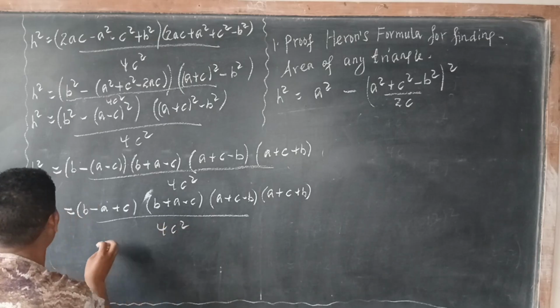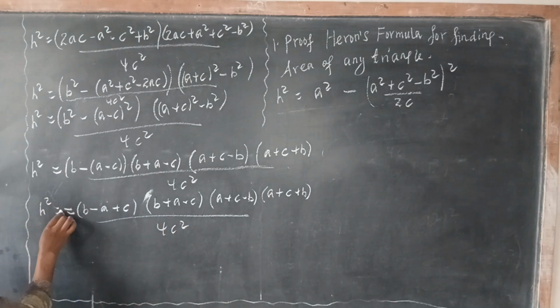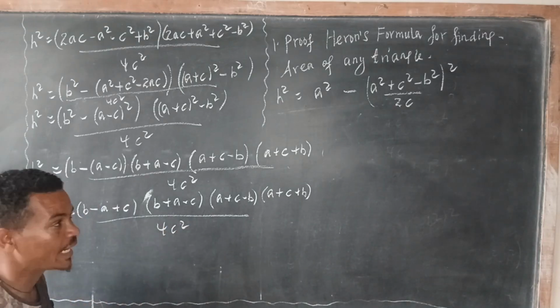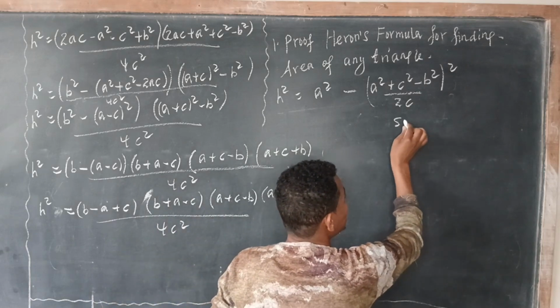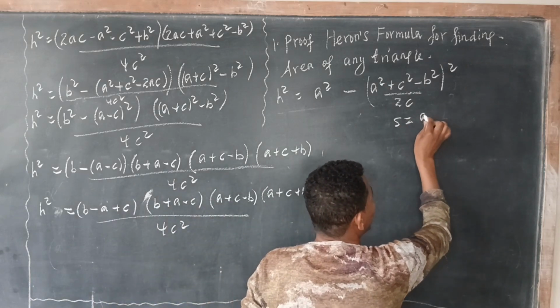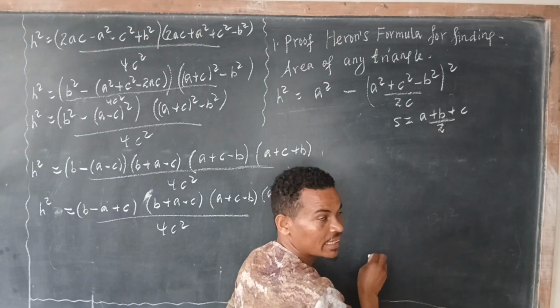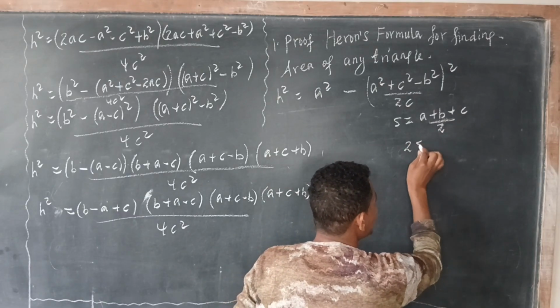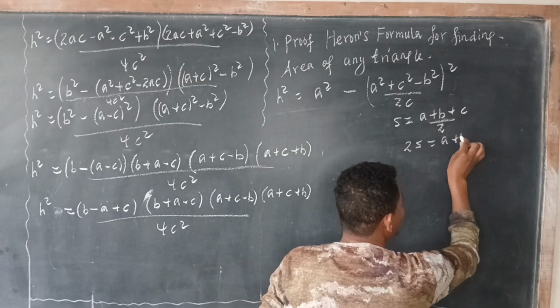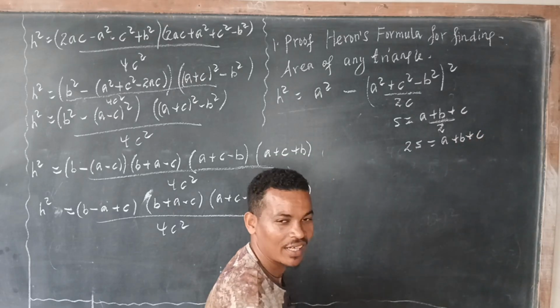4c square. That is h square is equal to... and we know that s is half of the perimeter, that is a plus b plus c over 2. In this case 2 times s is equal to a plus b plus c.